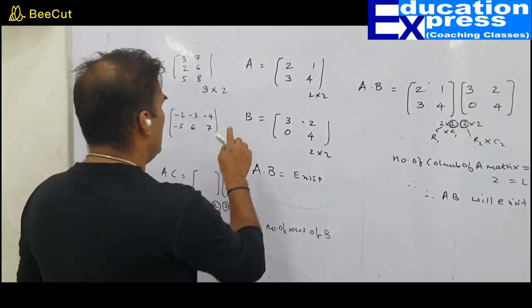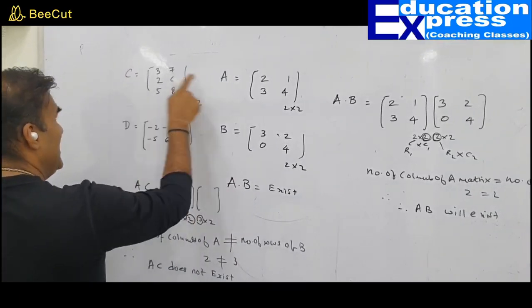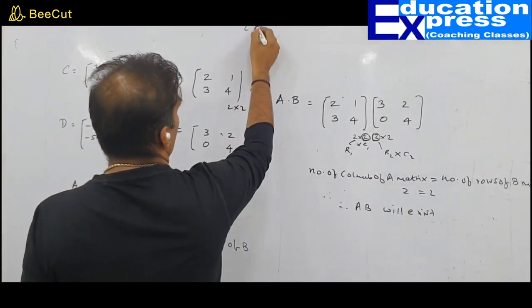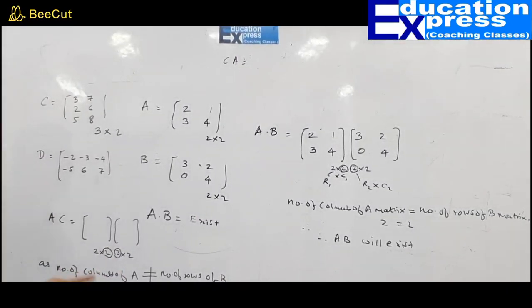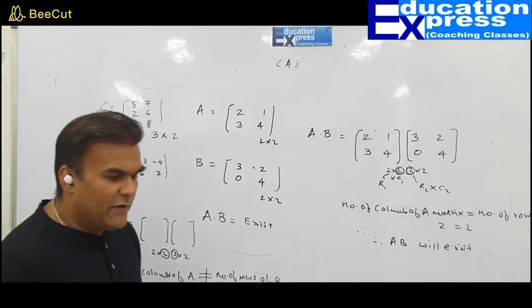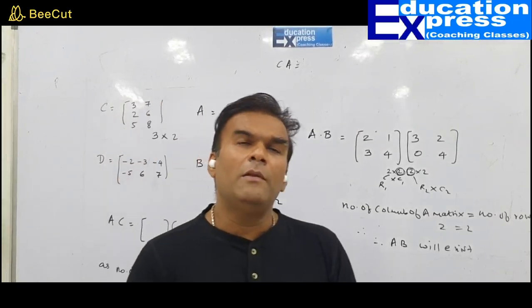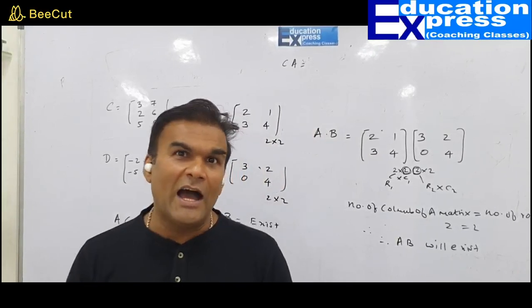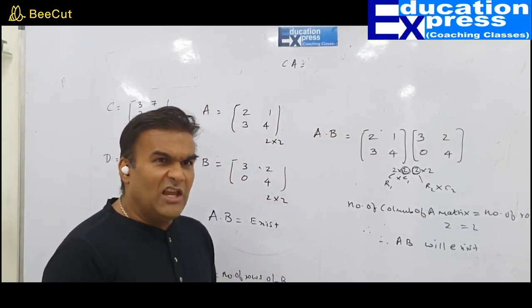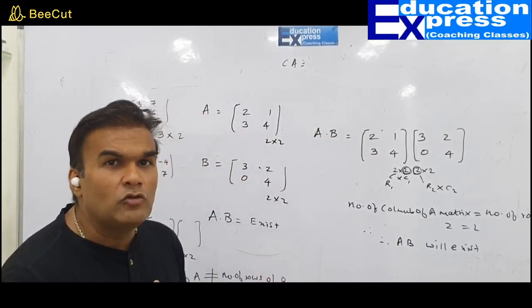Find out if CA exists. Let us find out if CA exists. Sir, if AC does not exist, how will CA exist? So my dear friends, the normal multiplication law that applies to arbitrary constants does not apply to matrices.